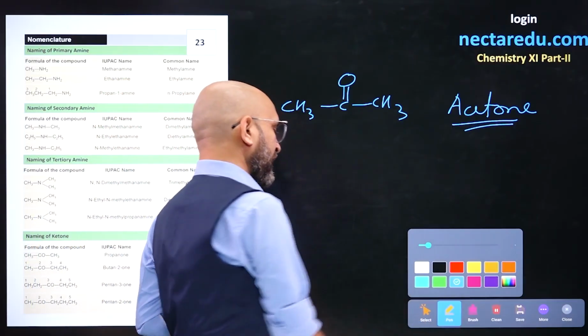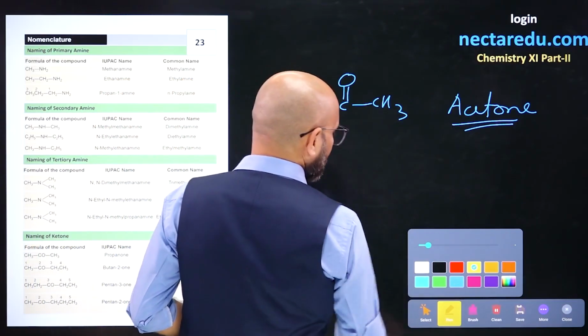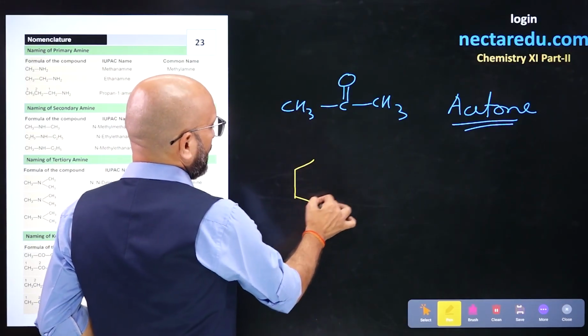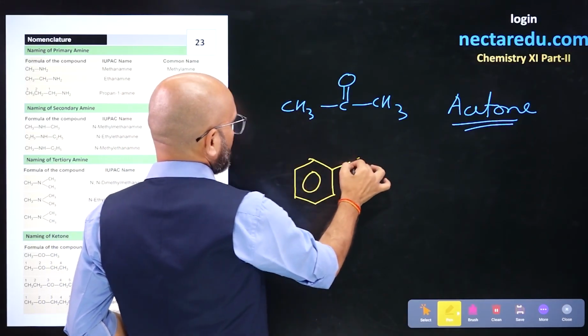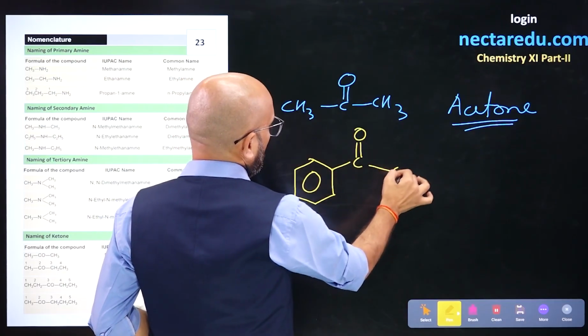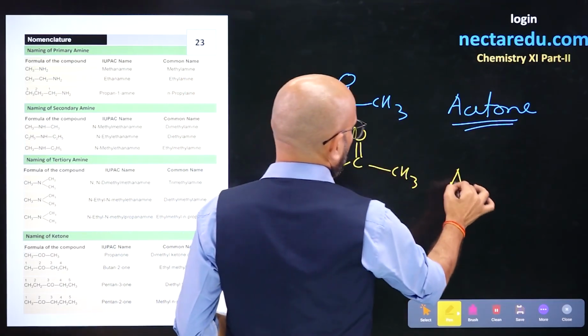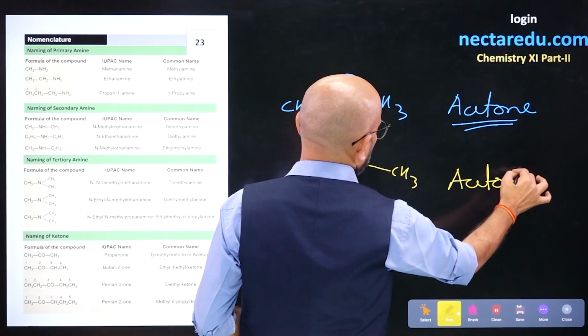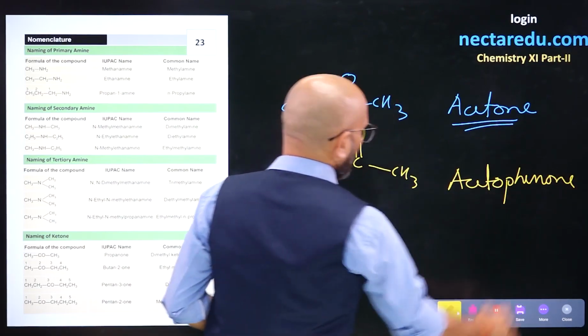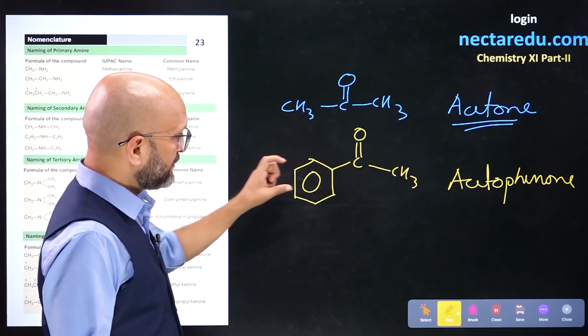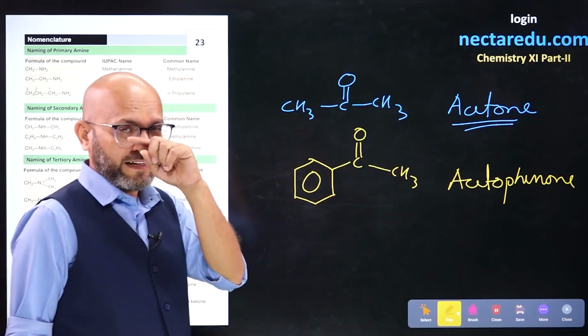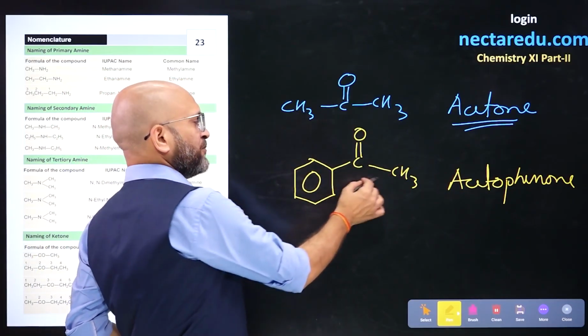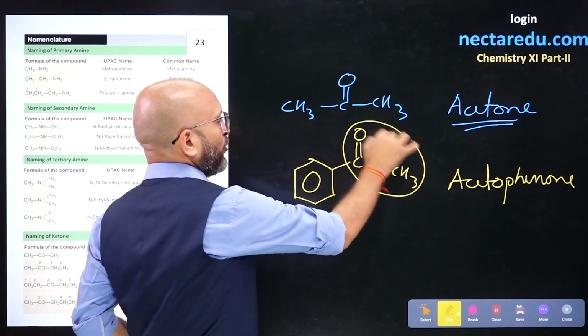Alright, and a few others are like this. You have an aromatic ketone, that is acetophenone. This is acetophenone, and what will be the name for this? Acetophenone is a common name, and what is the IUPAC name? Just remember, the functional group is in the open chain.